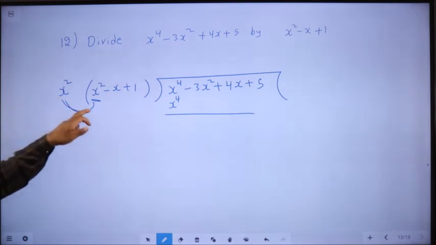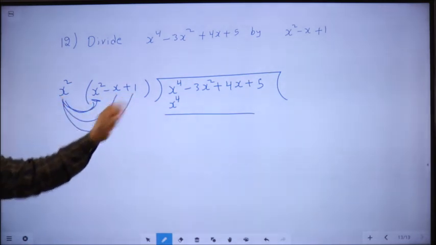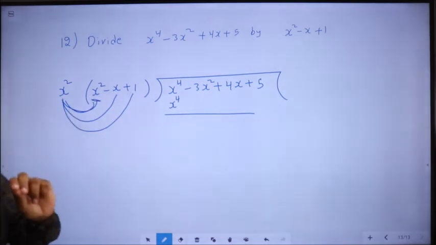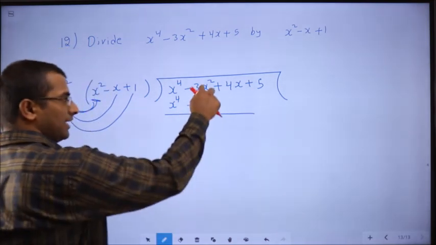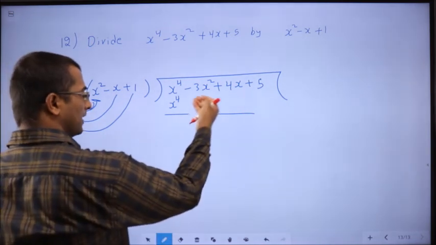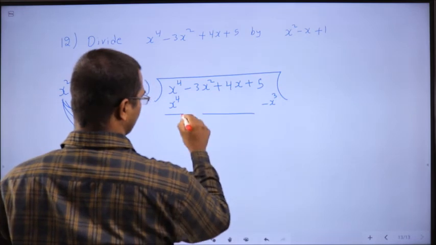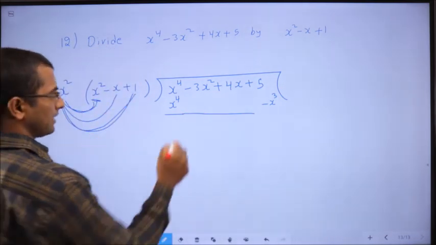When I am multiplying to this, I should also multiply to the second term and also to the third term. So x square into minus x will be minus x cube. See here x square and x cube, these are not like terms, so don't write x cube here. Write x cube separately. Okay. Next, x square into 1 is plus x square.